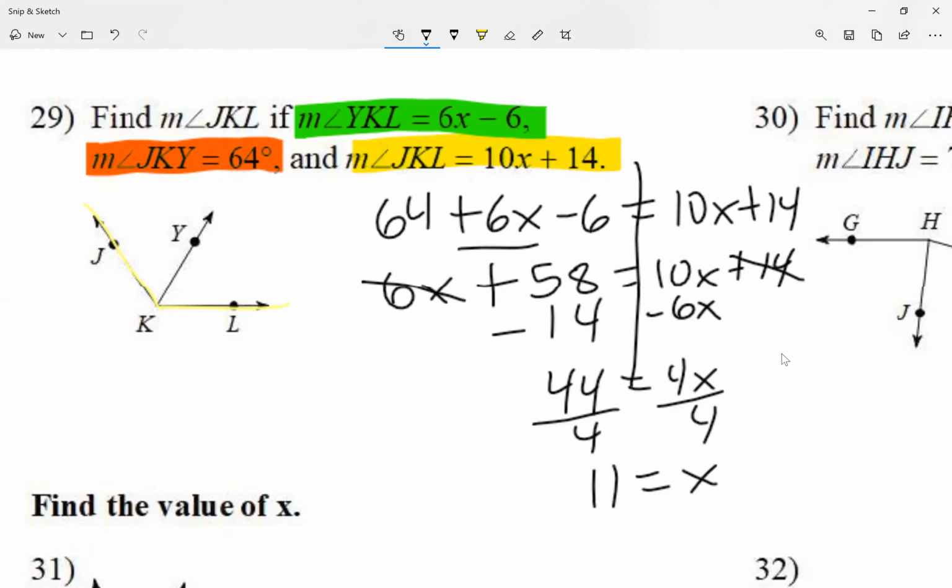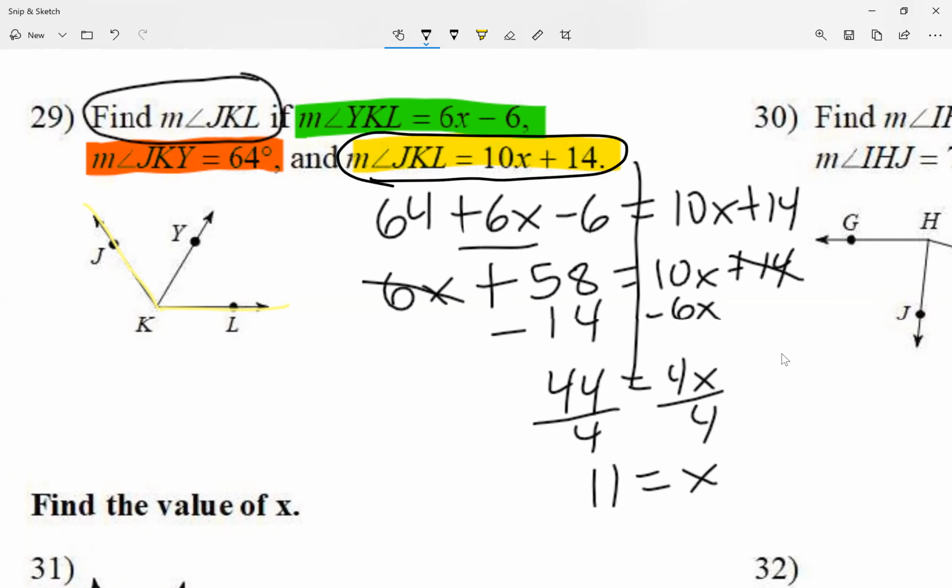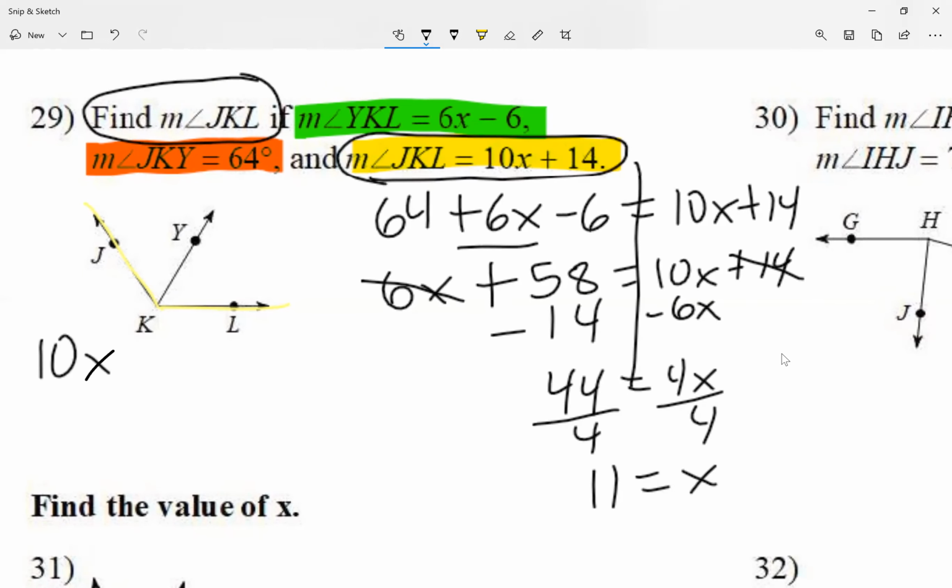I know the value of x, but I go back to my instructions. In the beginning, my instructions said, find the measurement of angle JKL. JKL is the big angle. I know JKL is 10x plus 14. So for right now, let me write this as 10x plus 14.